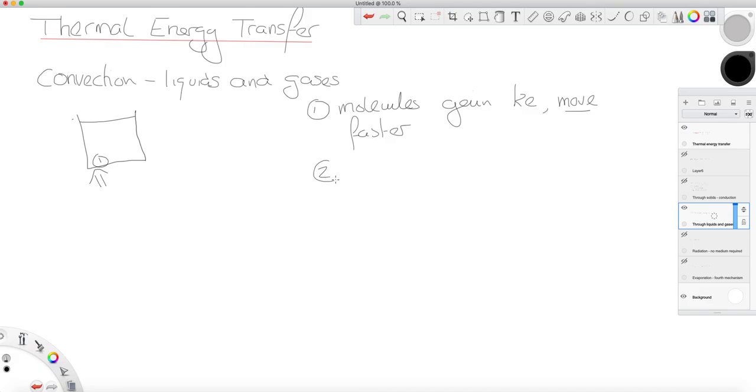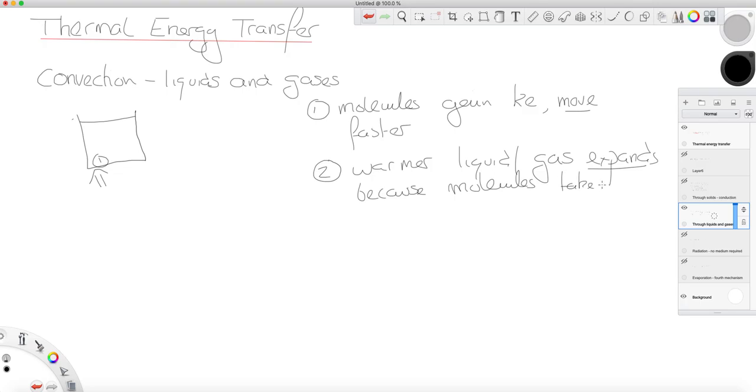So the warmer liquid or gas expands, keyword, because the molecules take up more space.